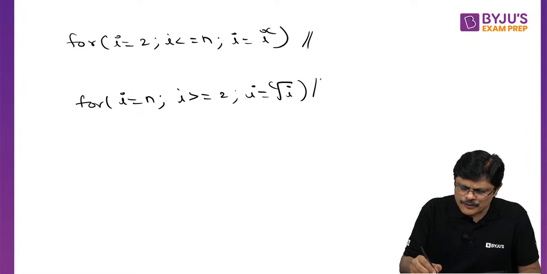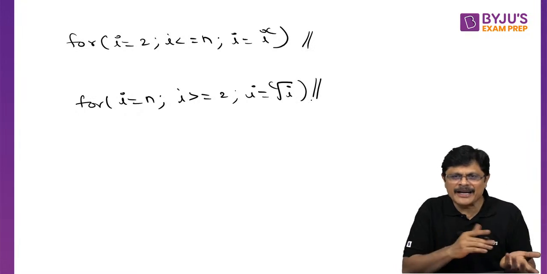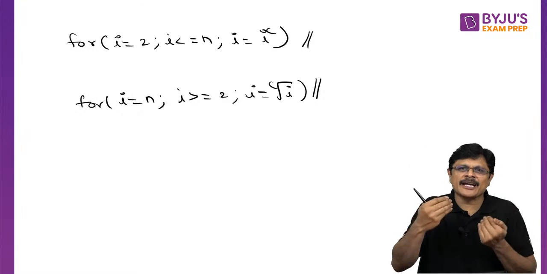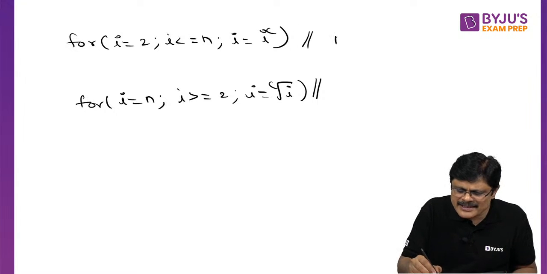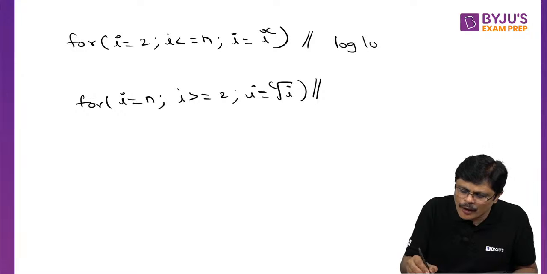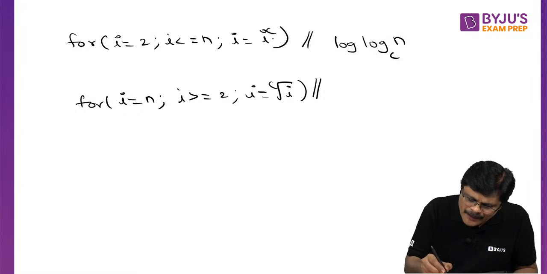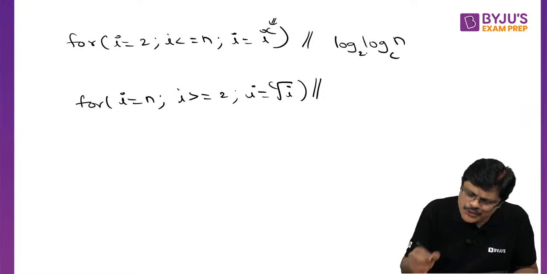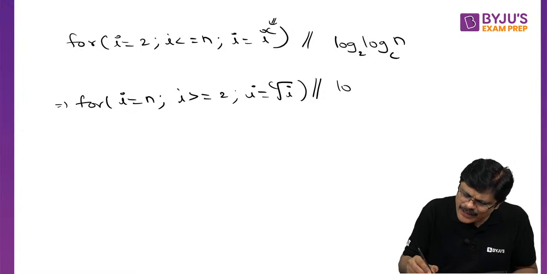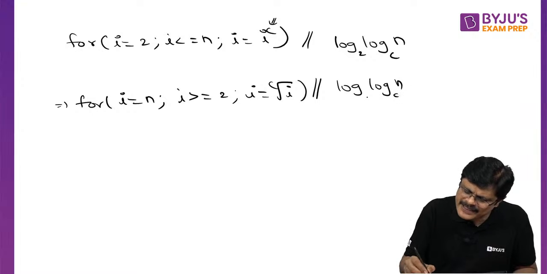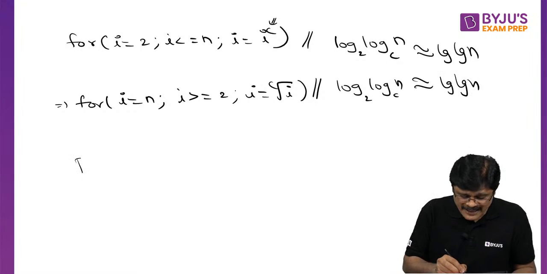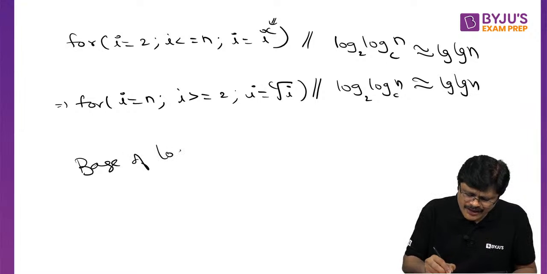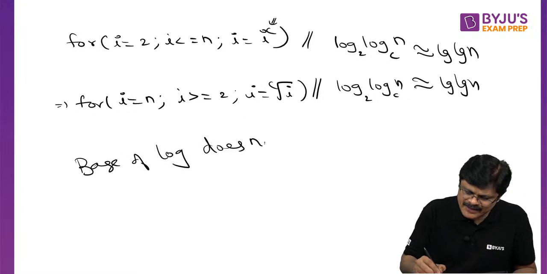For both, reverse direction and forward direction. In the forward direction we do i power c, in reverse we take the c-th root, that's all. So here what happens? For this the complexity would be log n, here the base is c, and here the base is 2. Even for this, same story: log n to the base c, and it is 2, sir. But asymptotically this can be simply written as log n, my dear friends, because the base of log does not matter.